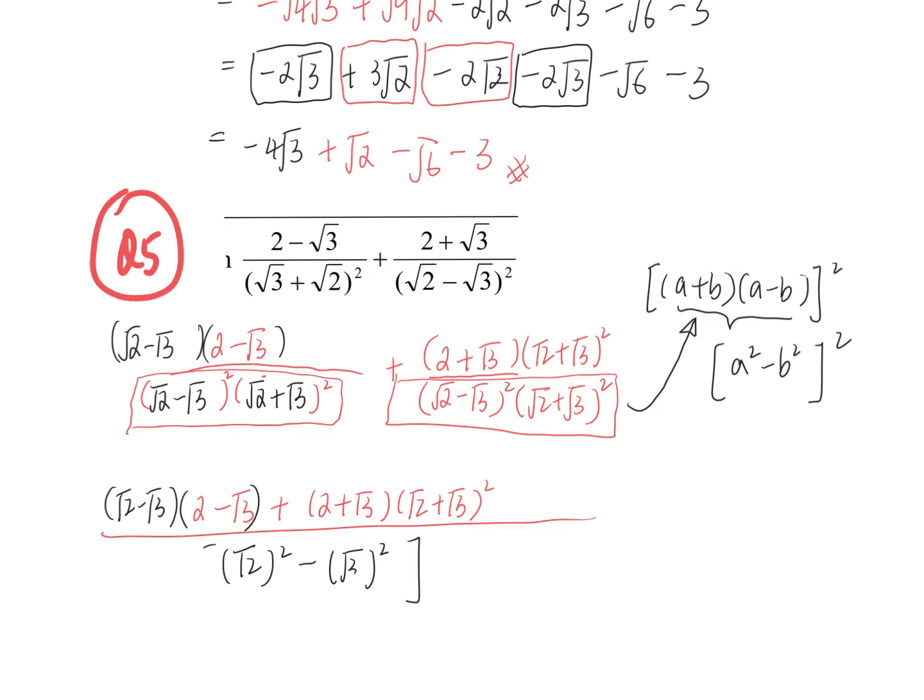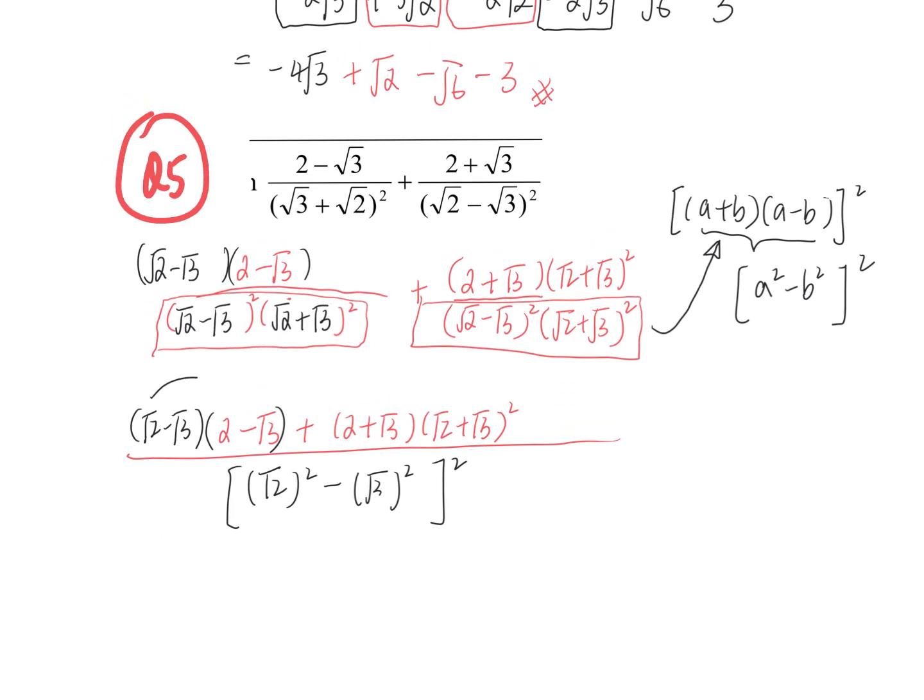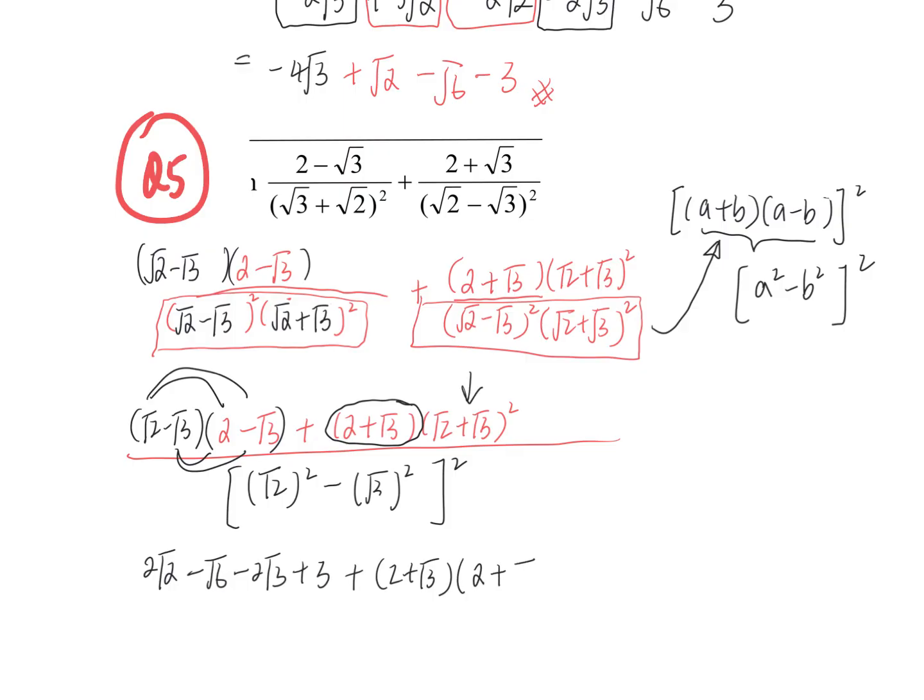And then I actually have to square the outcome. So numerator as per normal, expansion shouldn't be a problem for you. This one I think you should keep it first and expand this one first. So this will be 2 plus root 6.